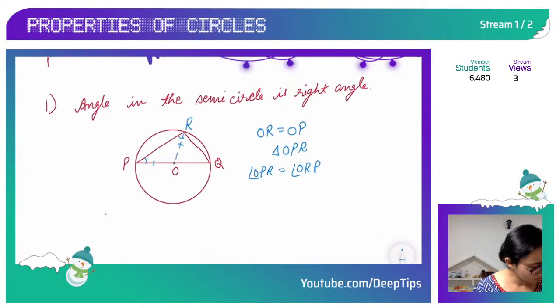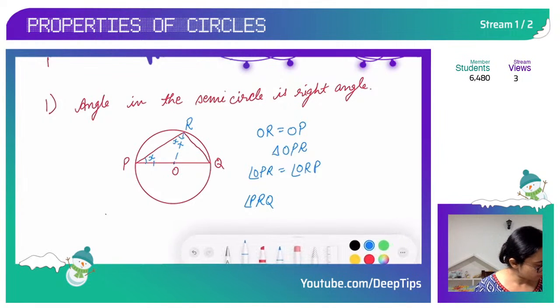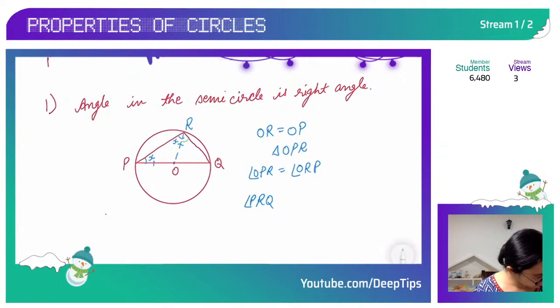So if I say this is x and this is also x, children, and I have divided this angle PRQ with this radius OR. Can I mark it y here? Angle ORQ.